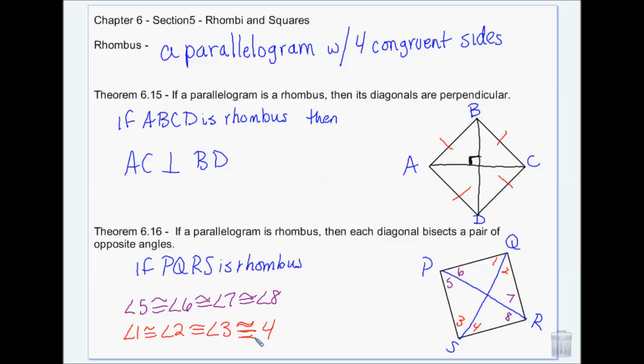So the angles are bisected by the diagonals. And we also know it's a parallelogram, so we know that the diagonals bisect each other. And because it's a rhombus, the diagonals will also be congruent.